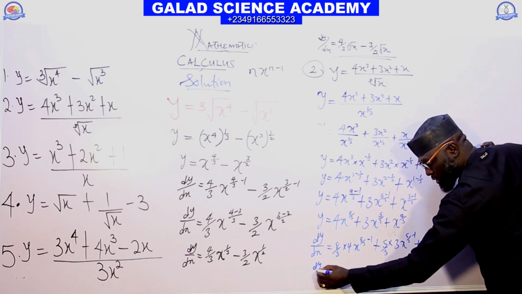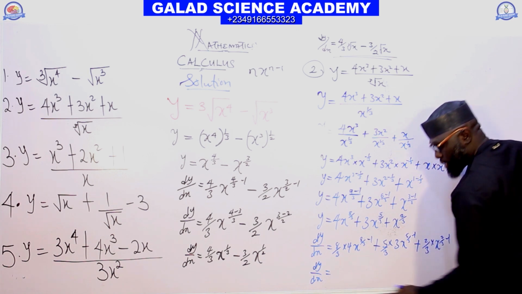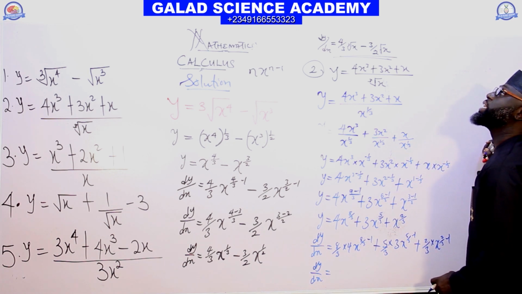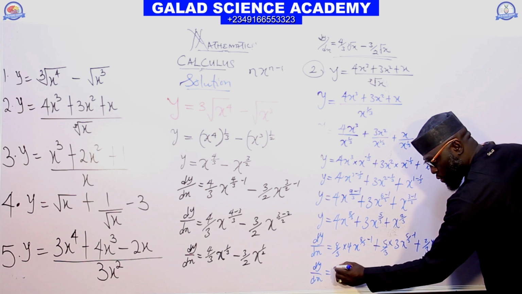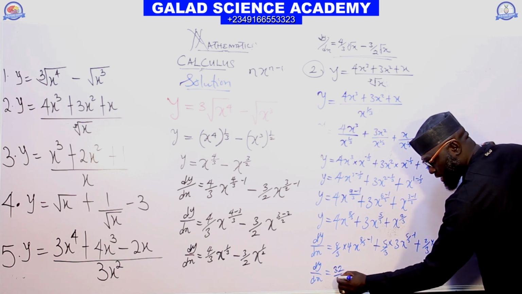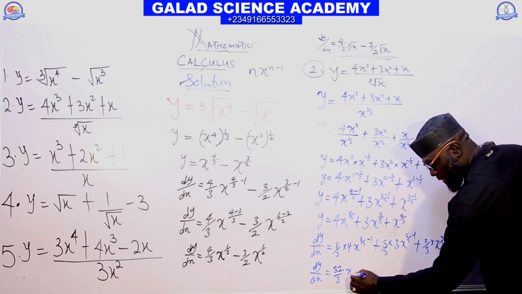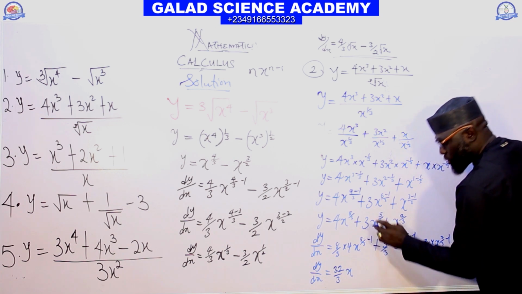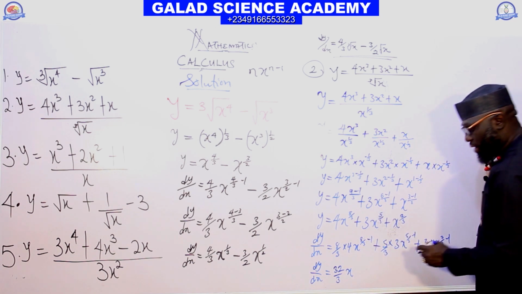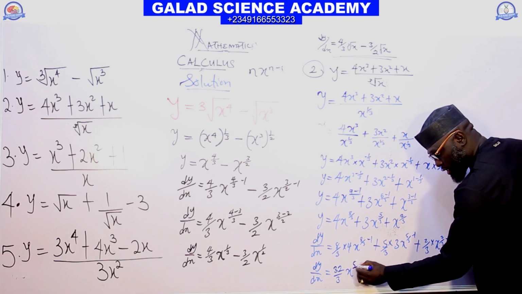So we now have 4 times 8, 32. We have 32 over 3 x. This will give us 3 minus 8, 5 over 3.